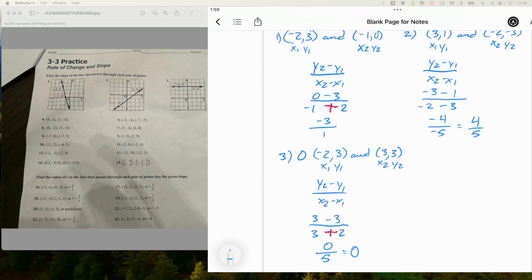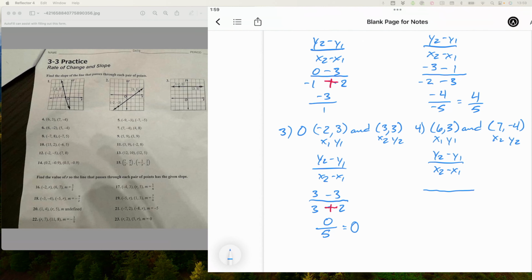Number 4 through 15, the process is going to be exactly the same, you just don't have a graph. So 6, 3, and 7, negative 4. x1, y1, x2, y2, y2 minus y1 over x2 minus x1.